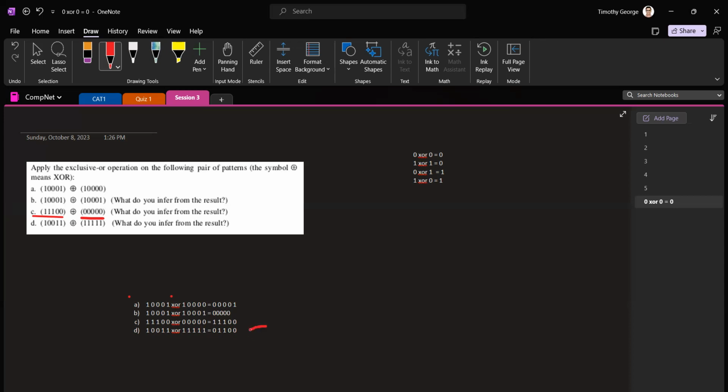So what is the relation between this result and the first result? It's actually the complement, the one's complement. So that's the inference that they're looking for.